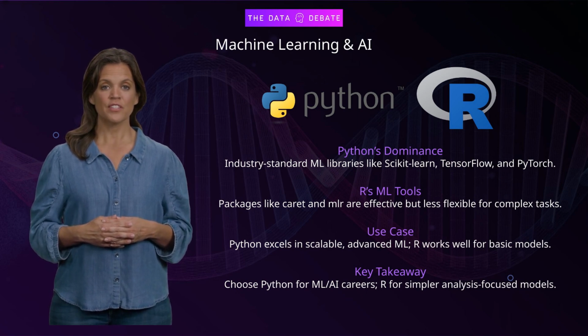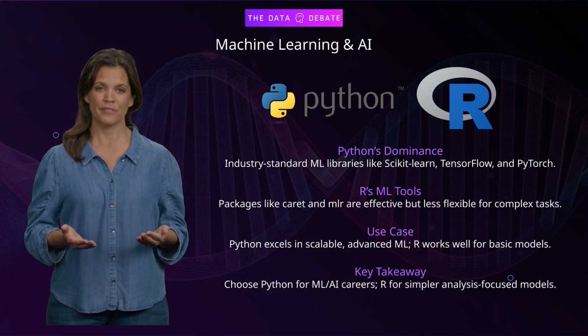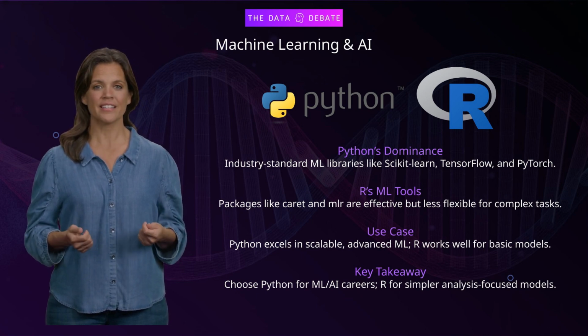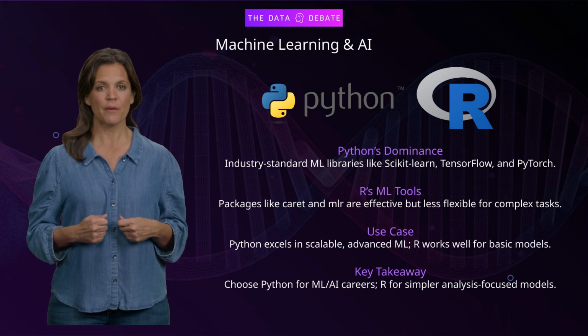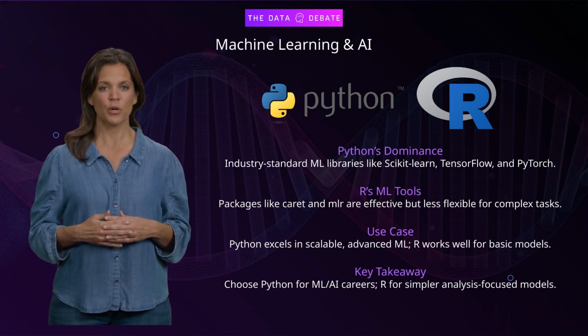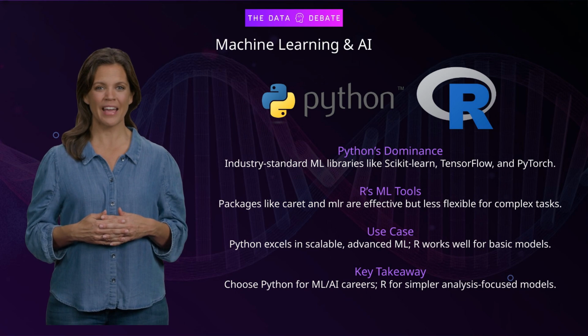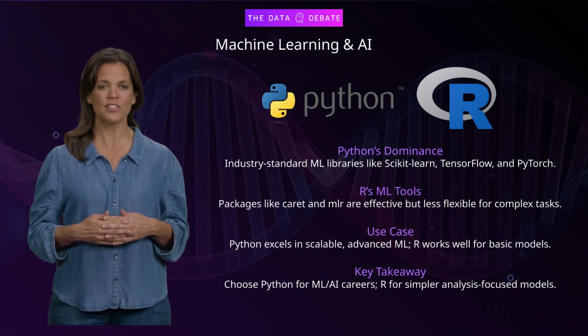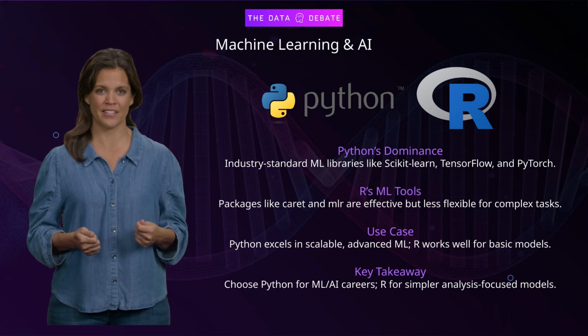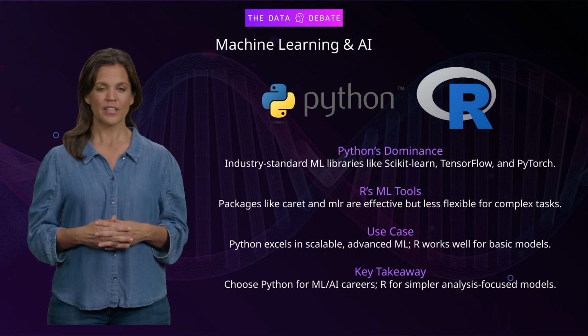R is more suited to smaller, straightforward models, while Python's libraries make it easy to scale up and experiment with complex algorithms. If your goal is a career in machine learning or AI, Python is hands down the better choice. But if you're just doing some basic modeling for analysis, R can still get the job done.